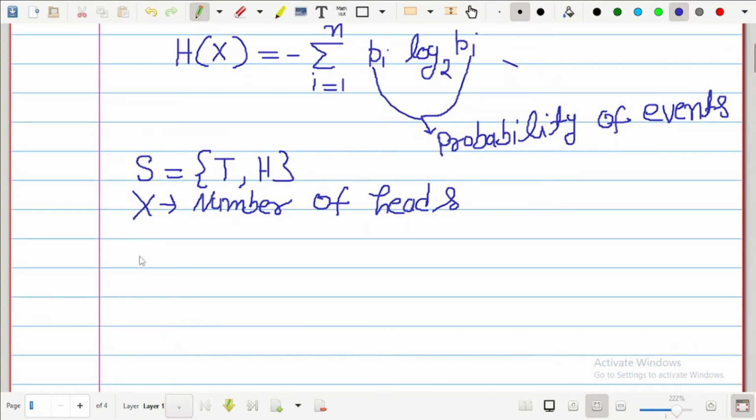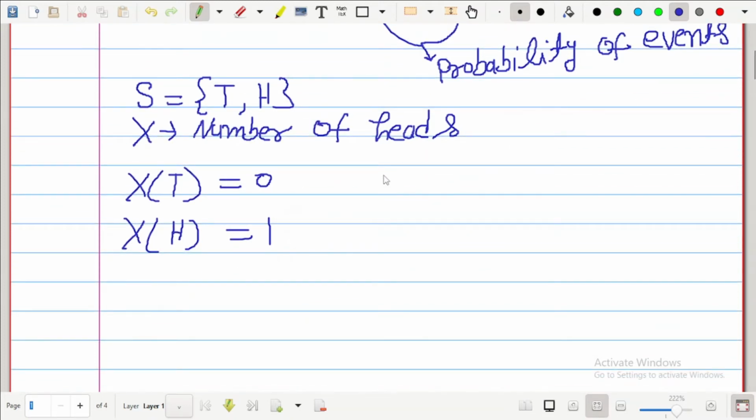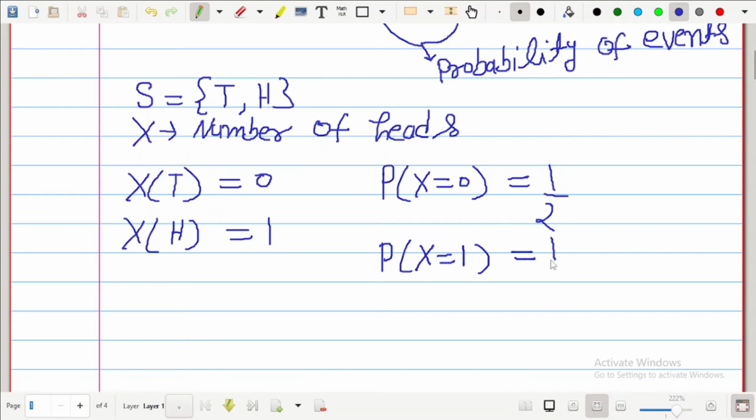So X(T) is 0 heads, and X(H) is 1 head. Now it is very obvious that P(X=0) is half and P(X=1) is also half.